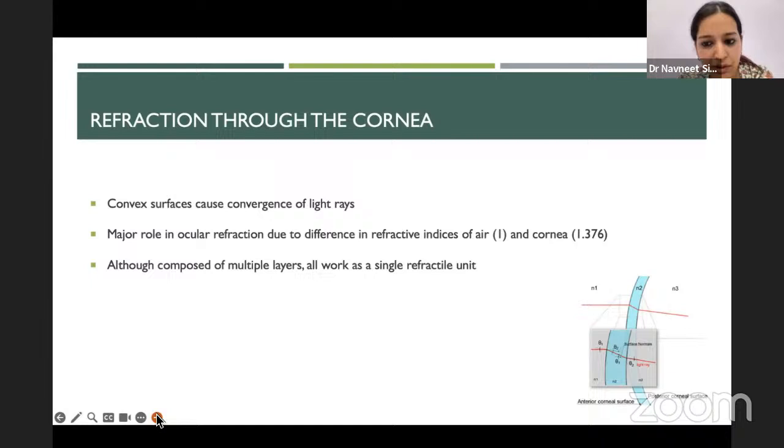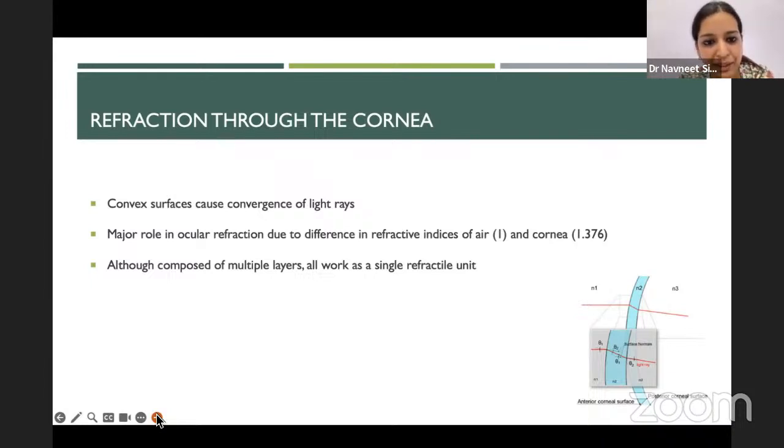It causes convergence of light rays. This convergence has a major role in ocular refraction due to the difference in refractive indices of air, which is 1, and cornea, 1.376. Due to this difference, the light rays bend inwards. Although the cornea is composed of multiple layers, they all work as a single refractile unit.